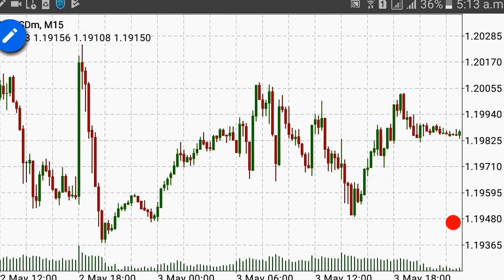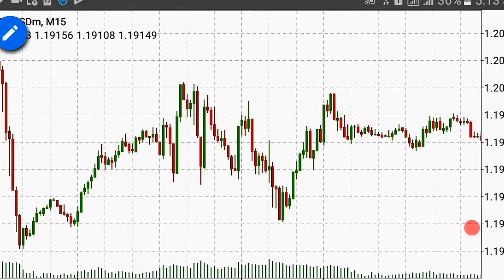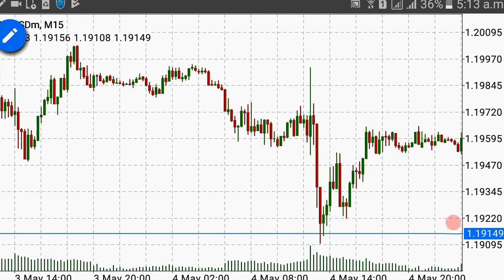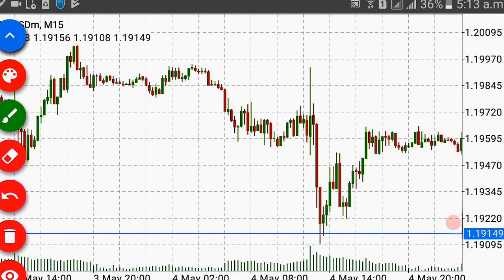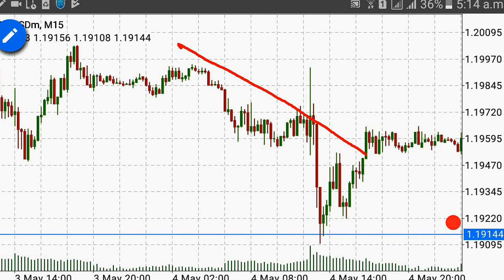Then, this you can call a type 2 selling angle or the second angle, which is roundabout a minus 40-45 degree angle.